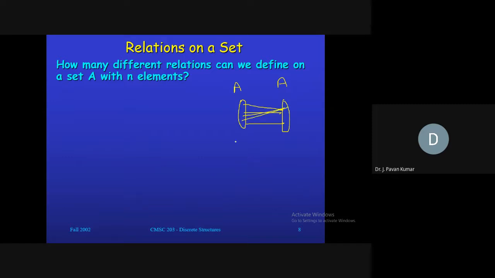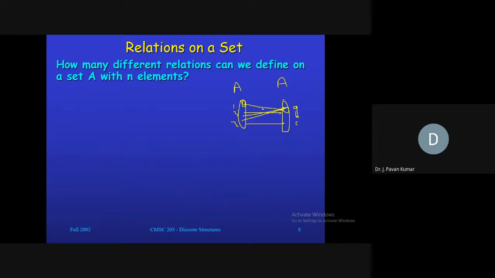One relation can contain only this particular one, 1 comma a. Yes or no? Let us consider 1, 2, 3 here, and here a, b, c. In the Cartesian product, how many tuples will we have? 9 tuples. Why? Because here we have 3, here we have 3. So 9 tuples in the Cartesian product.